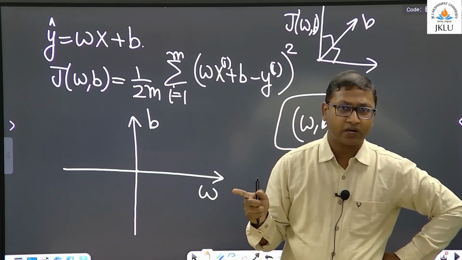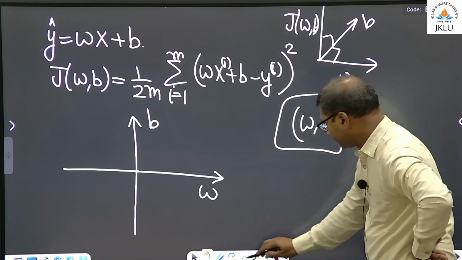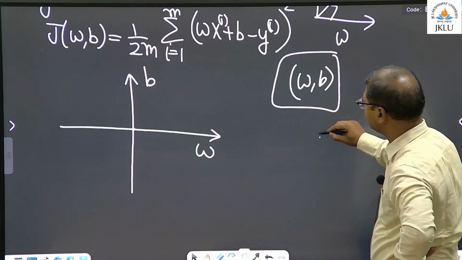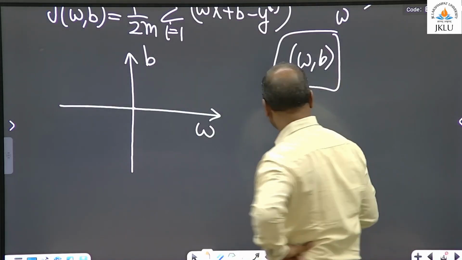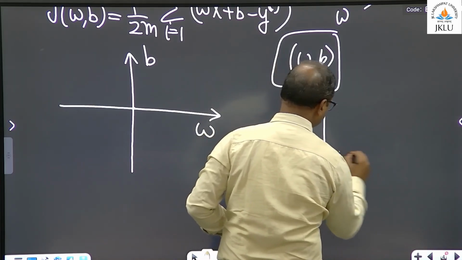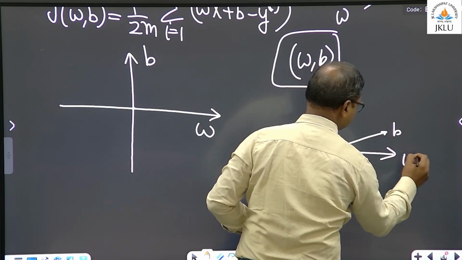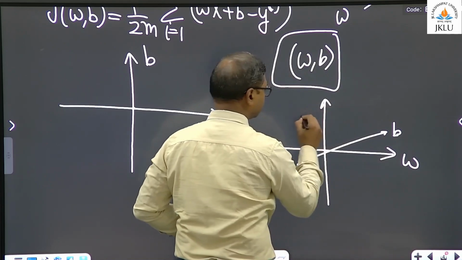Concentric circles is what I am hearing. So I will draw a parallel diagram here. Now let us say this is B, this is W. Now I am drawing J here.